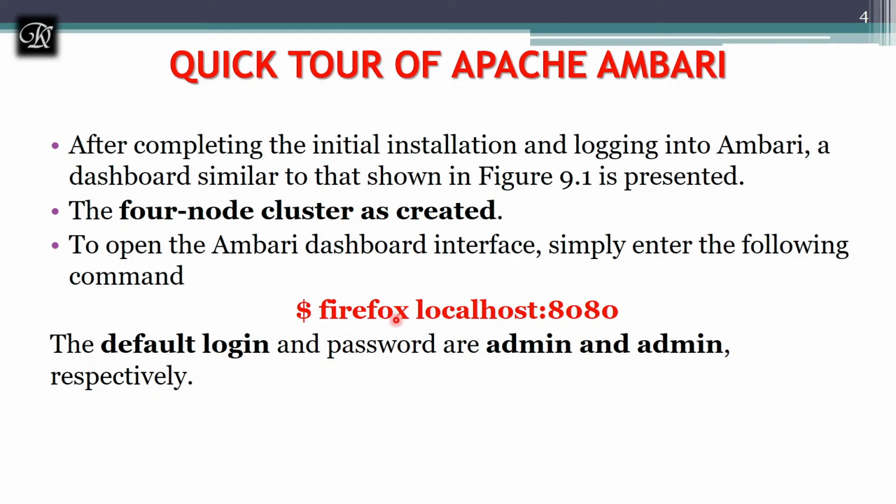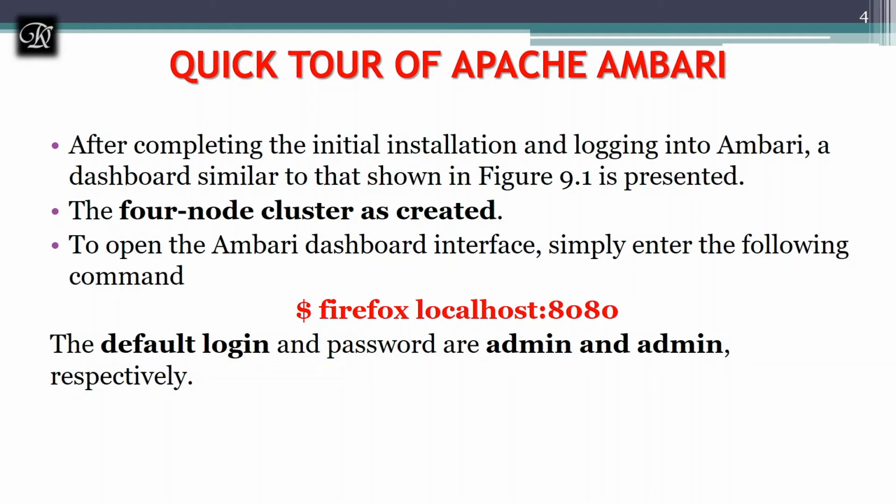Then you can either directly go to Firefox and give the URL http://localhost:8080, or run from the terminal Firefox localhost:8080, and it will ask you for a login username and password. By default, the username and password are admin and admin, which you are already aware of. Any software you take, there will be a default password, that is admin and admin over here.